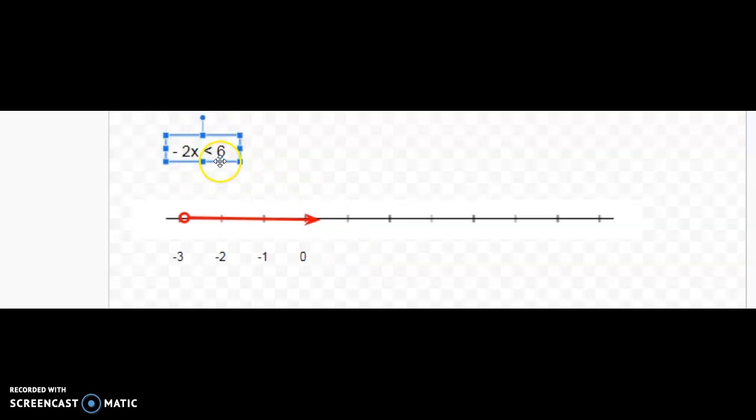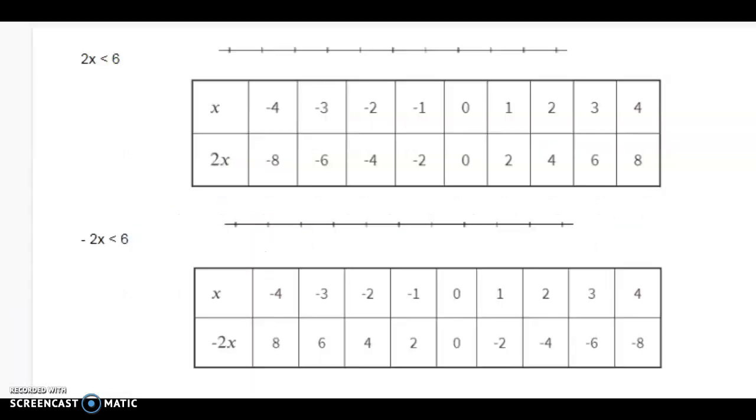So now for both of these inequalities, 2 times x is less than 6 and negative 2 times x is less than 6, go ahead and take a look at this table and then this table and look for patterns.